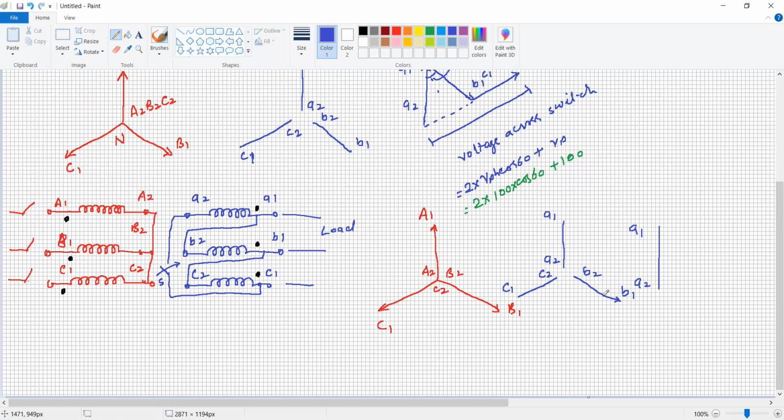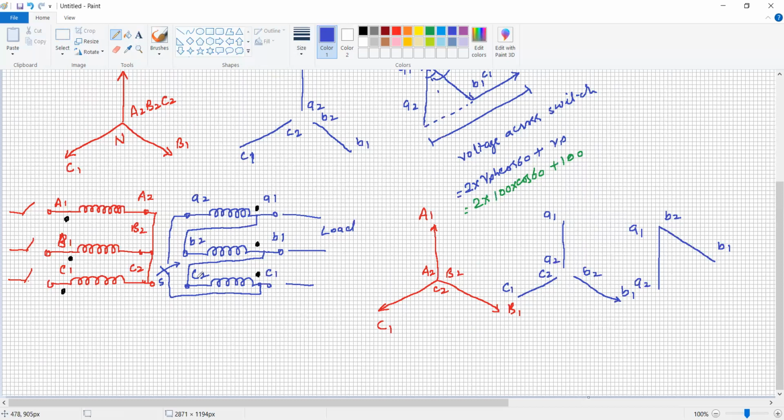A1 is connected to B2, so this is the B2 terminal, and this terminal is B1.